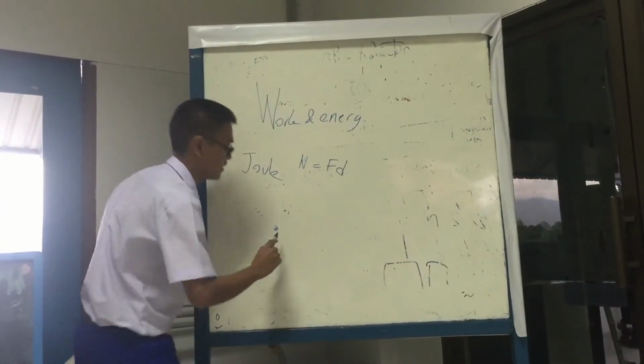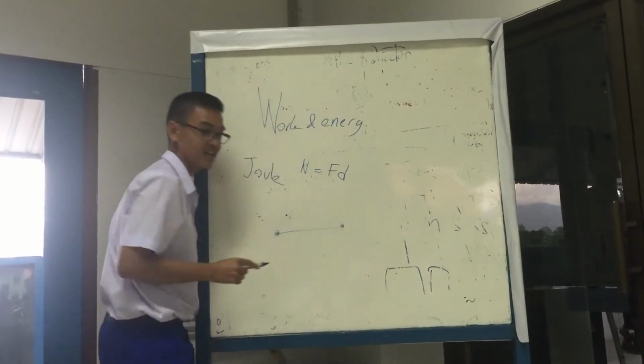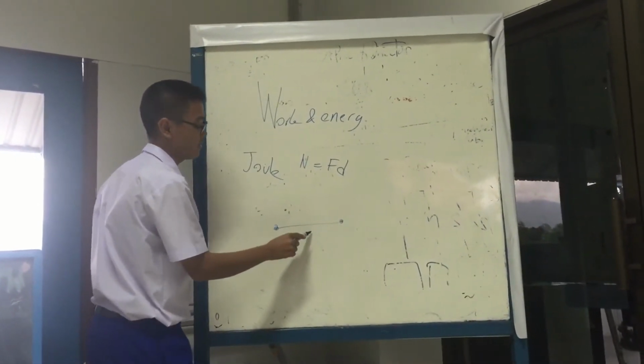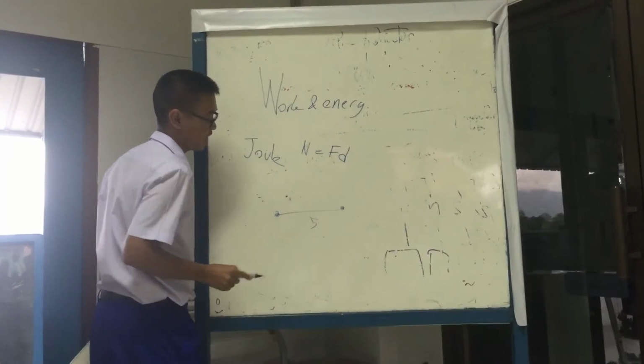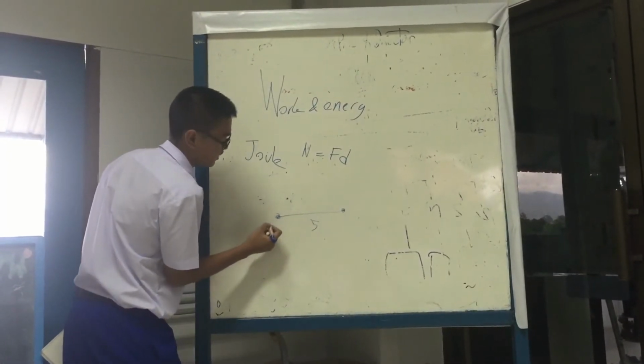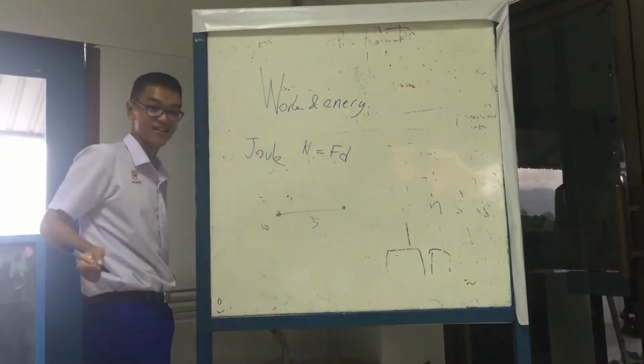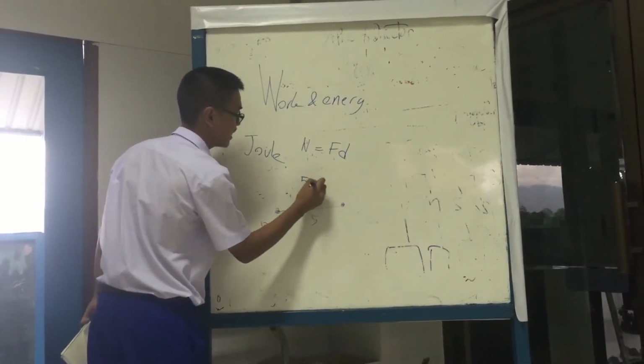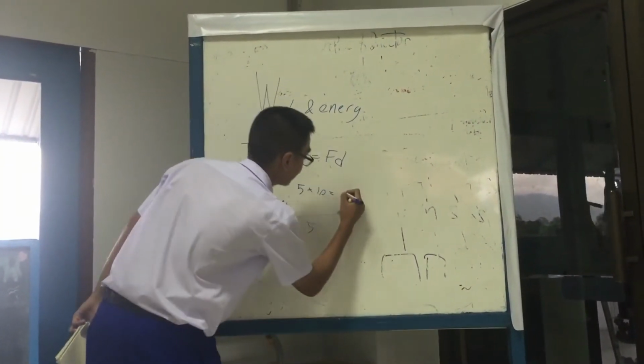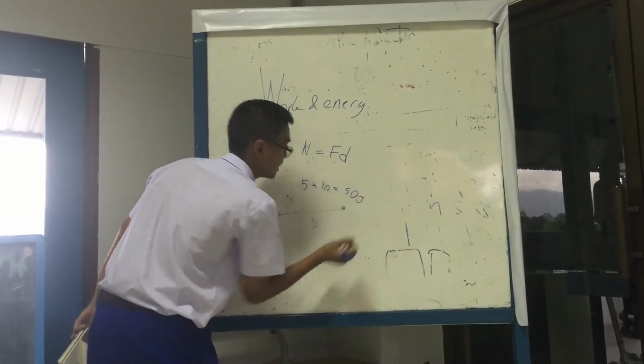Point A, point B. Distance, you can assume, is 10. 5 times 10 equal to 50 J.